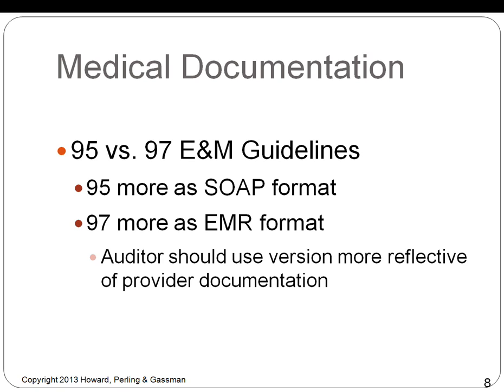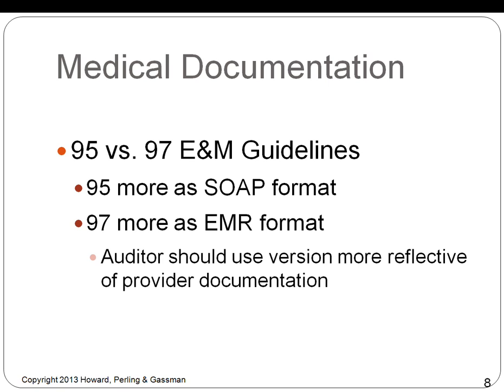Then they came out with a new set of guidelines in 1997, and they looked at it and said, these are too onerous on the providers. We really can't expect them to abide by these guidelines. So what they've done is they've said you can code using the 95 guidelines or the 97 guidelines, and whichever ones you use, then we will audit you based on those guidelines.